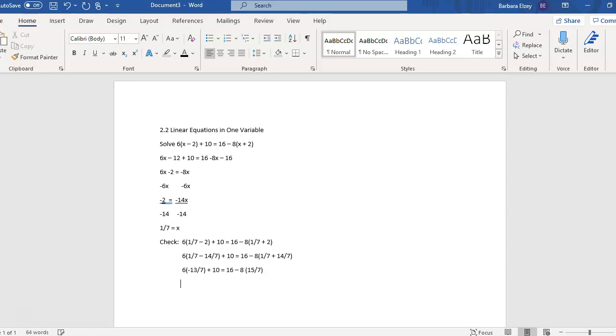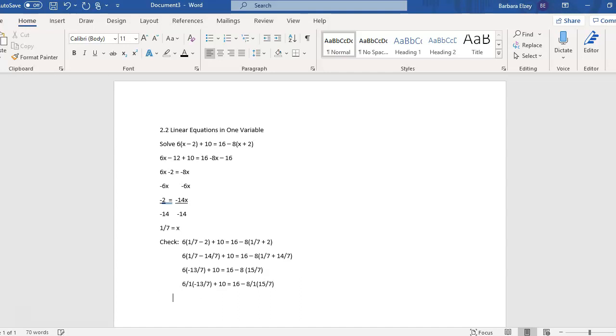Now remember, when we're looking at this, this is really 6/1 times -13/7. And the same thing over here. This is really -8/1 times 15/7. So we can multiply the tops, multiply the bottoms in fractions.